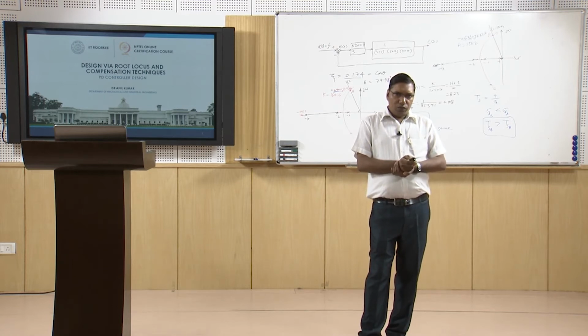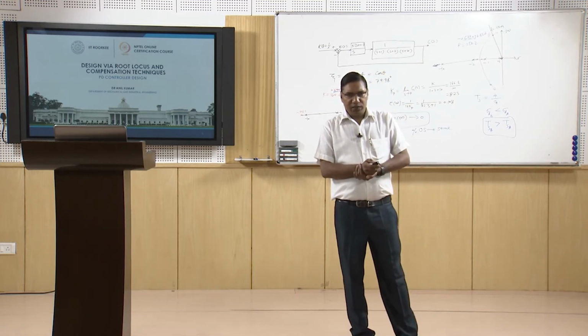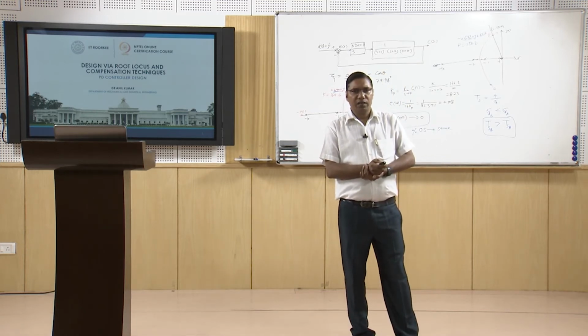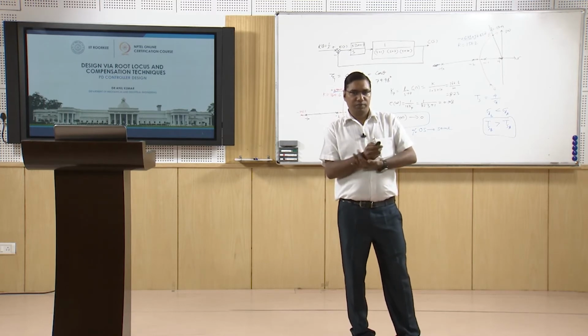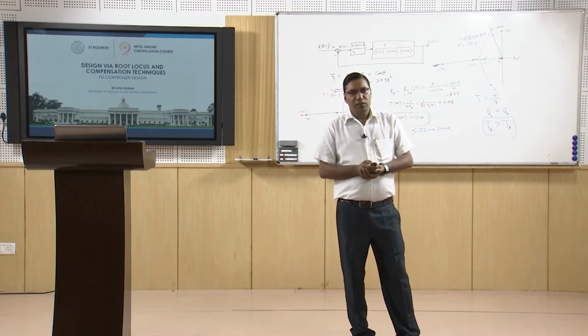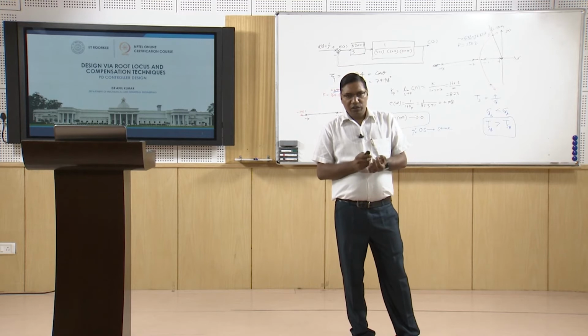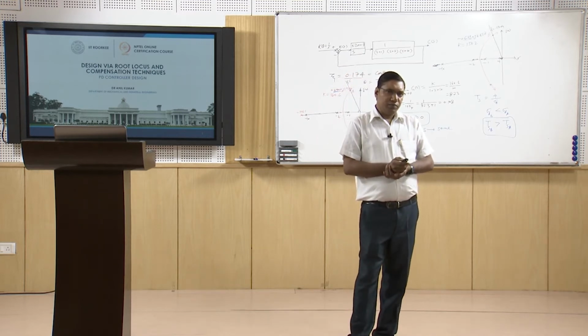So we want to find some desirable percentage overshoot and a shorter settling time than the original system. It means we want to improve the transient response, we want fast response, because we want shorter settling time. This we can do by choosing an appropriate closed loop pole location on the S plane.